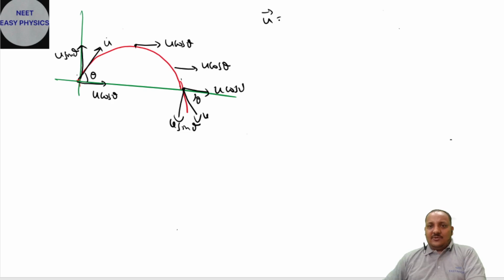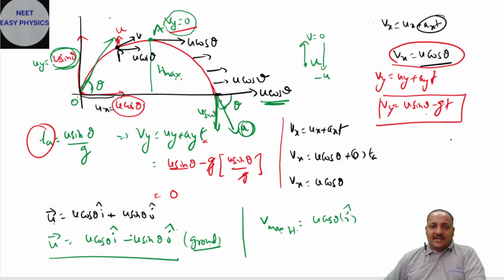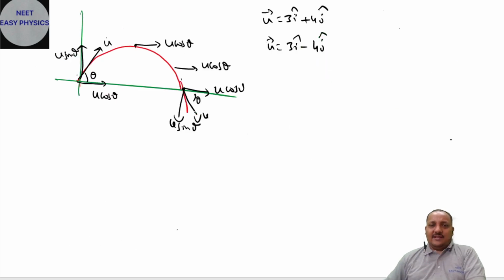An object is projected with initial velocity 3i cap plus 4j cap. After reaching the ground, what is its final velocity they will ask? It is 3i cap minus 4j cap, because the vertical direction is going to be reversed. Now, what is the change in velocity along the x-axis?